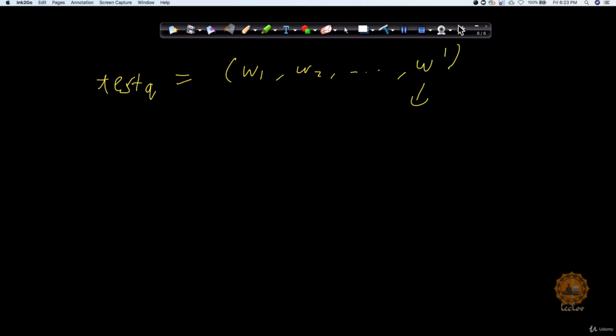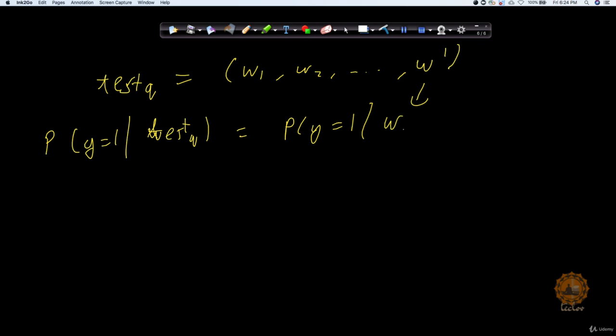Now the problem is, let's say I have to get the probability that y is equal to 1, given that it belongs to my test query. Now this test query is nothing but w1, w2, till w dash, right?